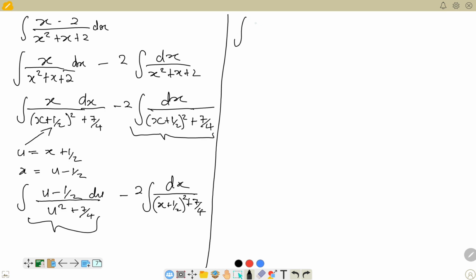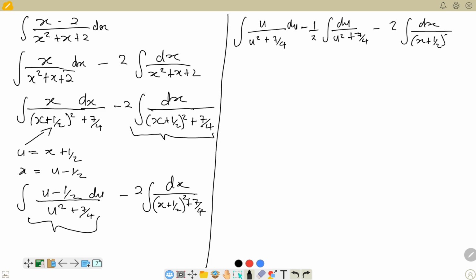Then when we do that, we get u over u squared plus 7 over 4 du minus 1 over 2 integral of du over u squared plus 7 over 4, minus 2 dx over x plus 1 over 2 squared plus 7 over 4.